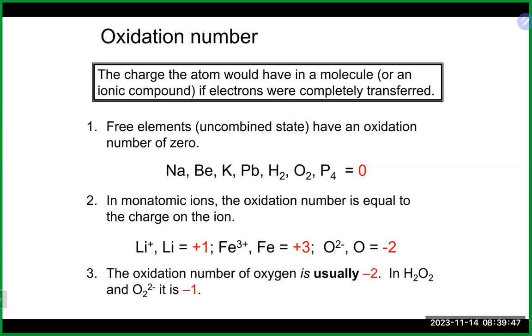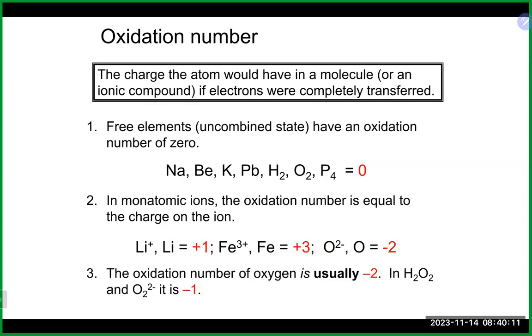Now, in a covalent compound where we have sharing of electrons, we actually can get oxidation states or numbers that are very, very different than what we associate with the charges. So for example, bromine or chlorine that we normally associate as being -1 in an ionic compound, when they are sharing electrons, could actually end up with positive oxidation states.